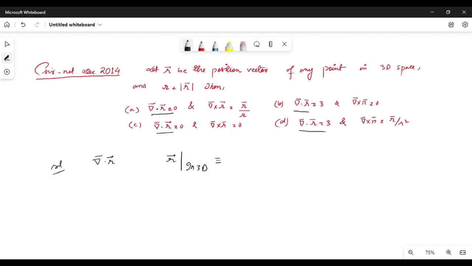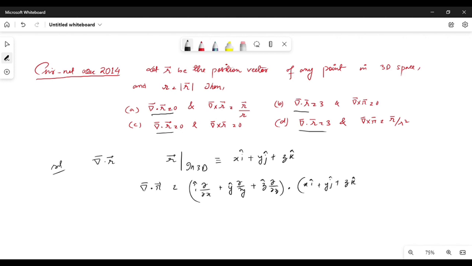But still I am solving it: R is equal to x i cap plus y j cap plus z k cap in 3D. And the divergence of this R will be i cap del x plus j cap del y plus k cap del z, dot x i cap plus y j cap plus z k cap.